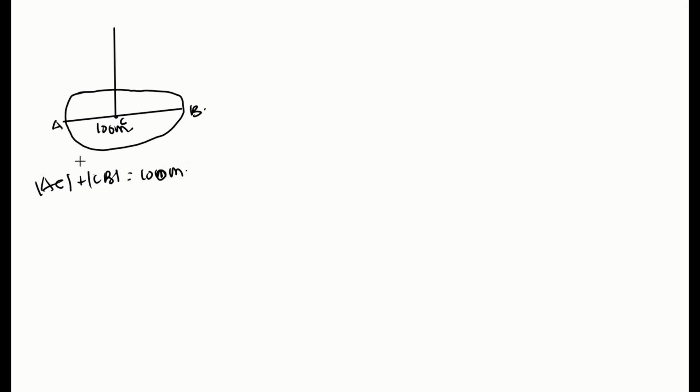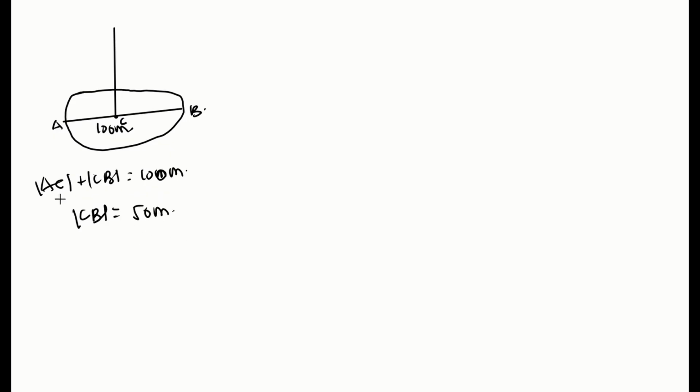They all divide it into two equal halves, so our CB or any of them is going to be half of this, and that is going to be 50 meters.